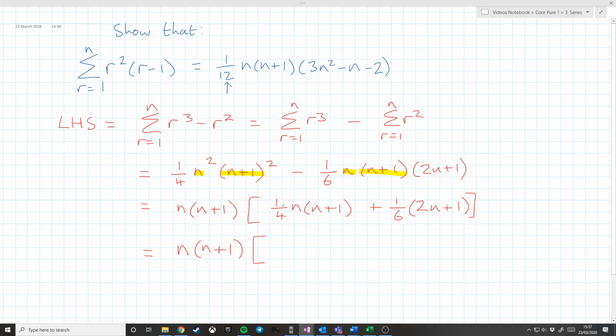So a quarter is 3 over 12, and a sixth is 2 over 12. And that means it's much easier for me to take out my 1 over 12 here. You might have been able to shortcut this, but this definitely was a lot safer.